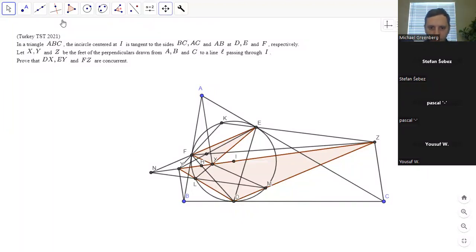So I'm just thinking what the angle chase is to show that EX and L are collinear. So we'd have to show that angle YXL is EXC, right? I mean, it's the same as showing that angle FXY is angle EXZ. And that's because this is cyclic, right?